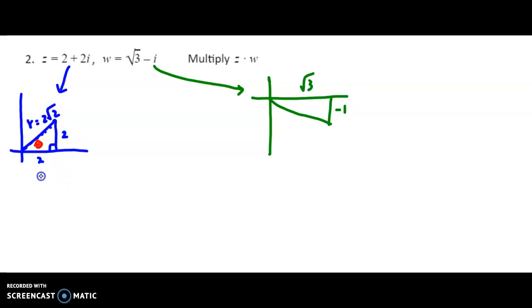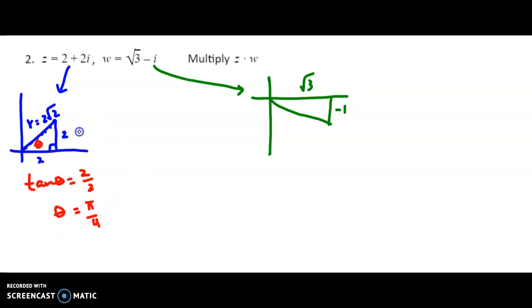So if I do the inverse tangent, I know that theta is equal to, when it's the same on the numerator and denominator, 45 degrees. And this is in quadrant 1. So 45 degrees is the same thing as pi fourths in radians. So there's my theta.